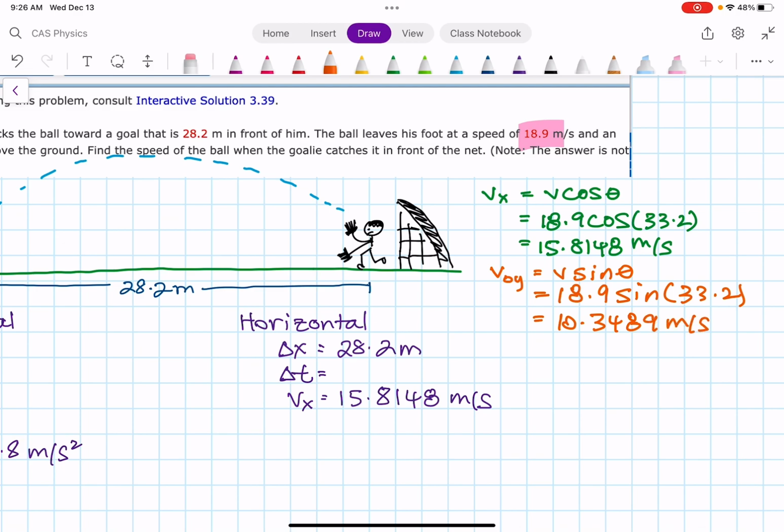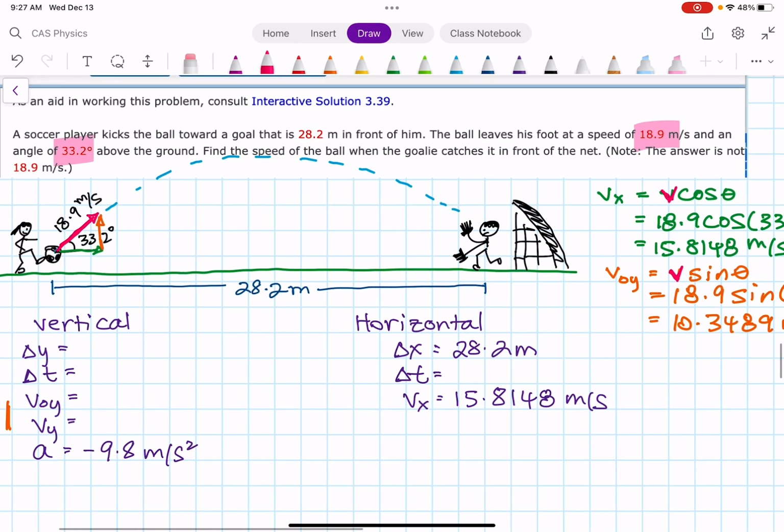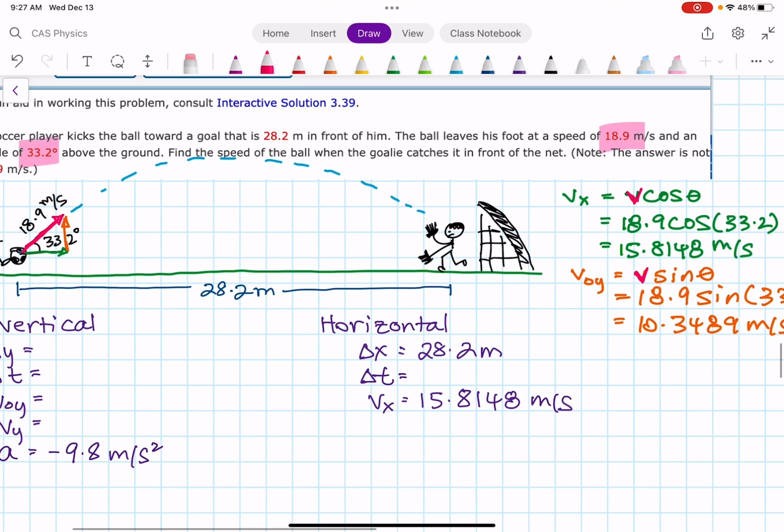Honestly, all the V's are confusing. Why do I have a V and a V? When I talk about this V, I'm just going to put a little red thing over here. Actually, this is the hypotenuse, this pink arrow that I'm talking about, and the green and the orange refer to the components.